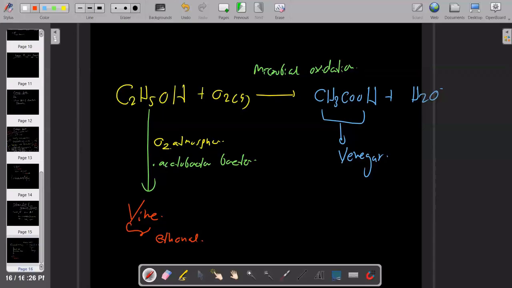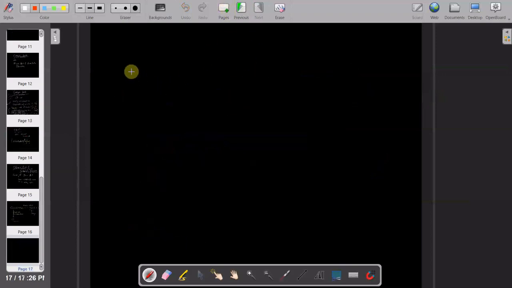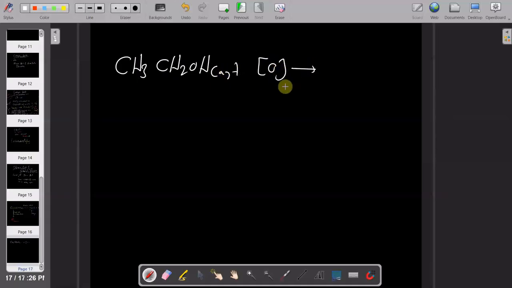Now scientifically, we can show it in a shortened way. Ethanol is CH3CH2OH, aqueous, with oxygen, oxidized.